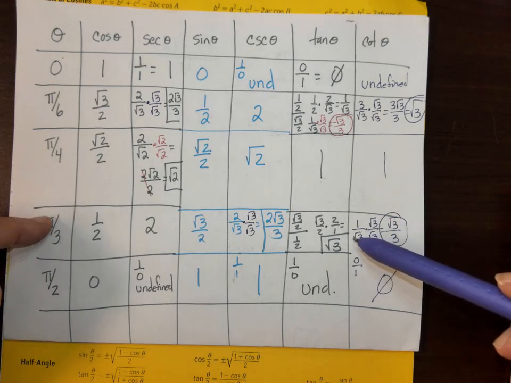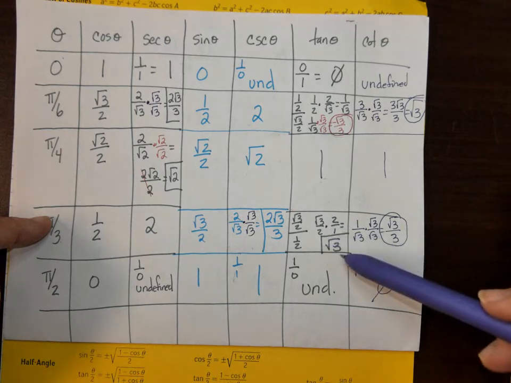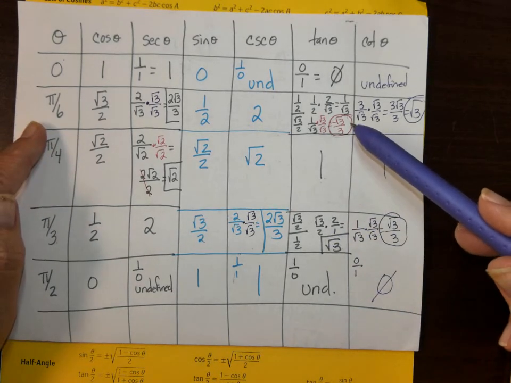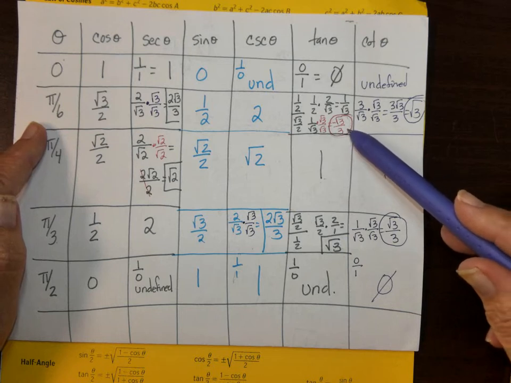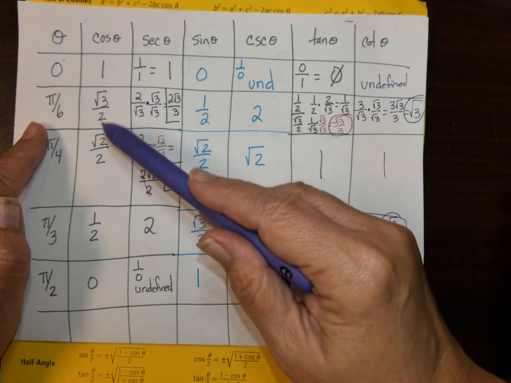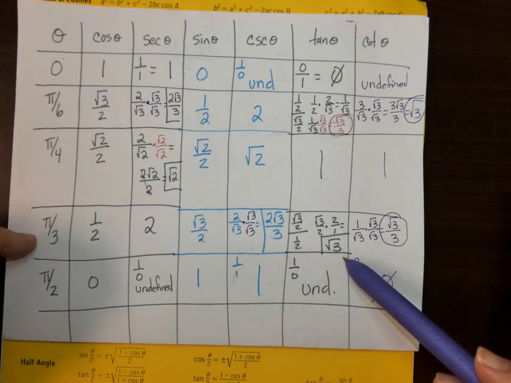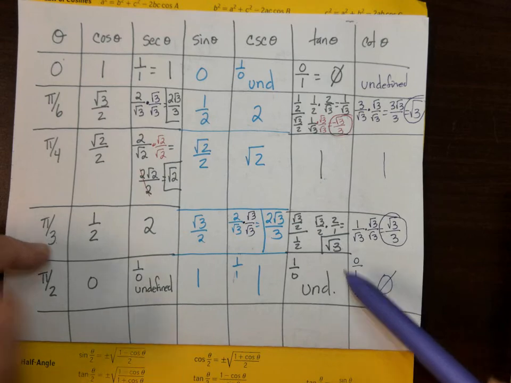Pi over 3, square root of 3. Very nice. Pi over 6. Yuck, a fraction. Do you see that then I'm going to have a fraction inside of a fraction? Do I really want to do pi over 6 if I don't have to? Pi over 3, nicer, right?